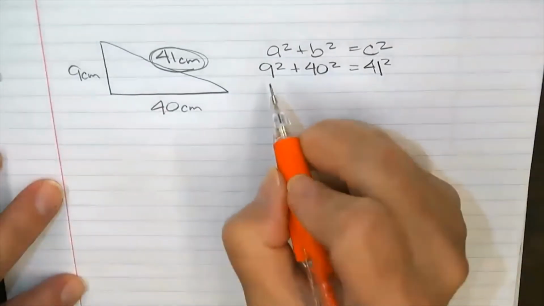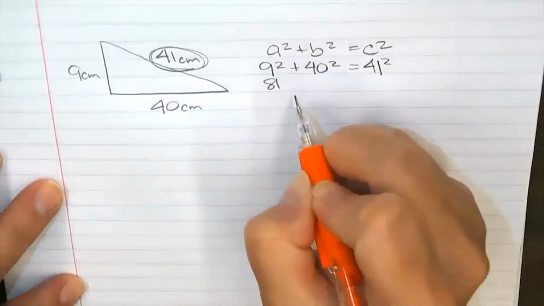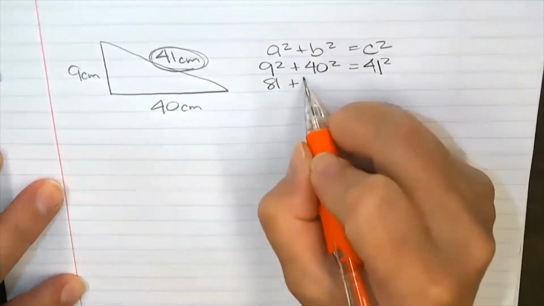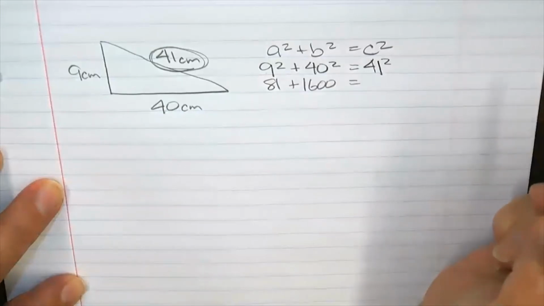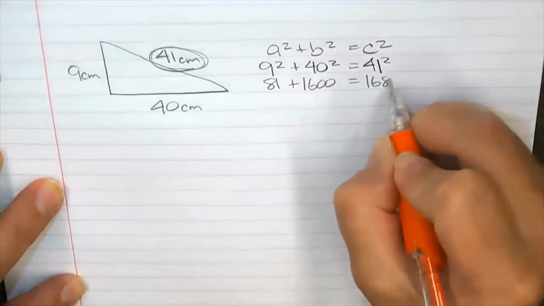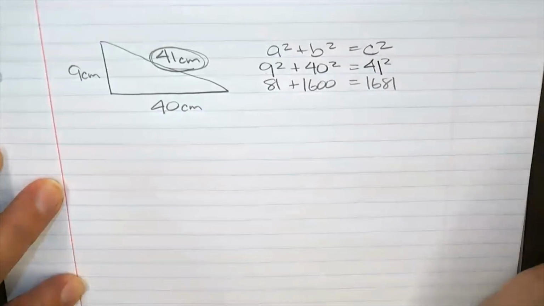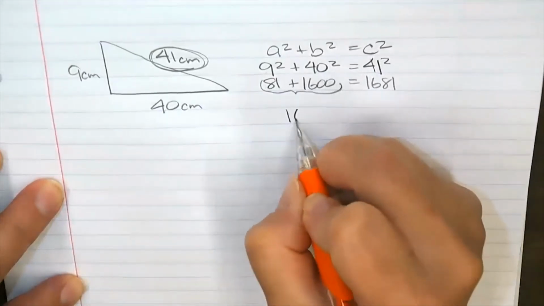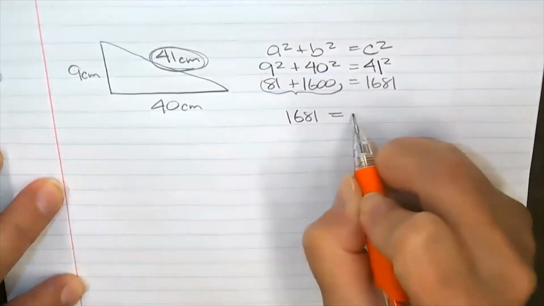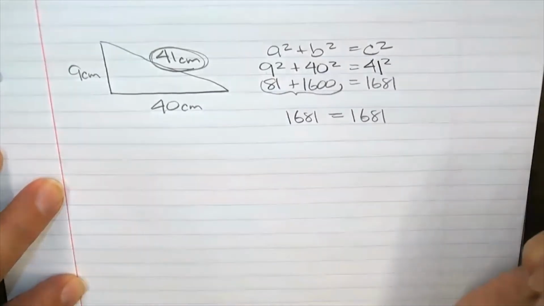Okay. 9 times 9 is 81. 40 times 40 is 1,600. And 41 times 41 is 1,681. Let's add these together. I get 1,681 equals 1,681.